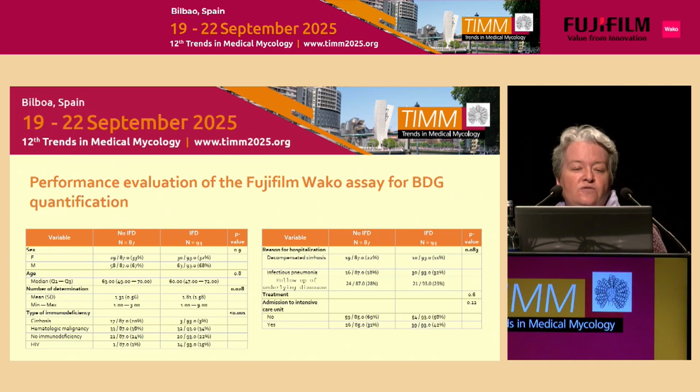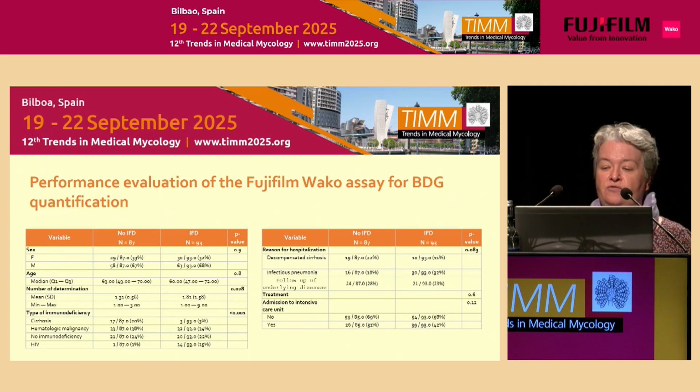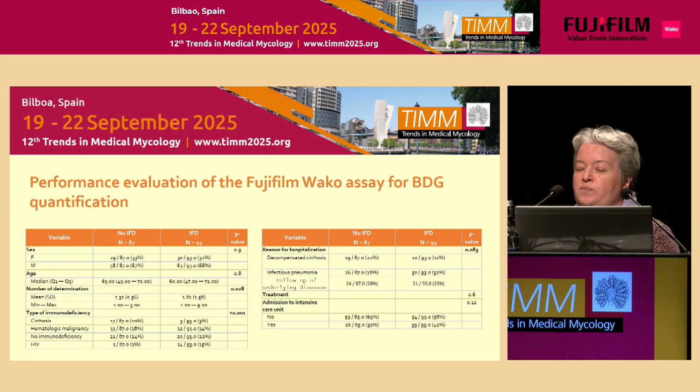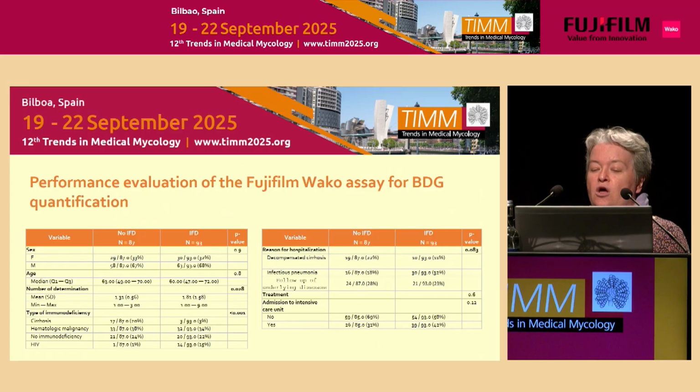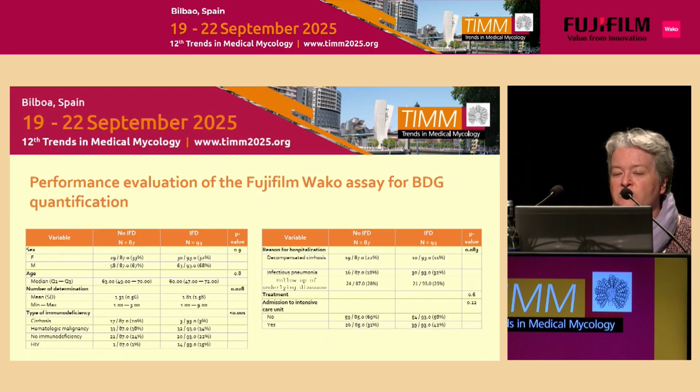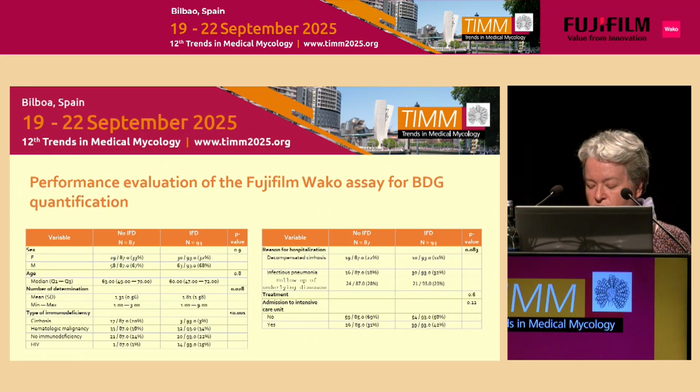Finally, the reason for hospitalization varied too. Cirrhosis decompensation was more common in the false positive group, whereas infectious pneumonia was more frequent in the IFI group. We have no difference concerning treatment and the admission to the ICU.